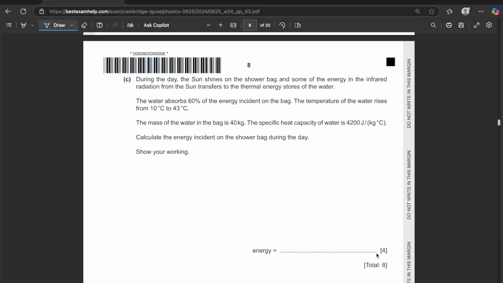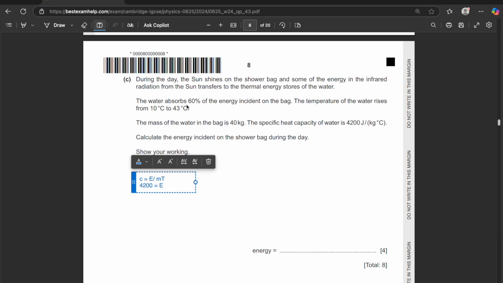It is asking for the total energy, and let's just calculate how much energy it gets, right? So specific heat capacity c is equal to delta E divided by m delta T. So this is 4,200, and we don't know the energy. This energy is what the water absorbs, right? This is not the final energy yet, because not all of the energy incident is absorbed by the water.